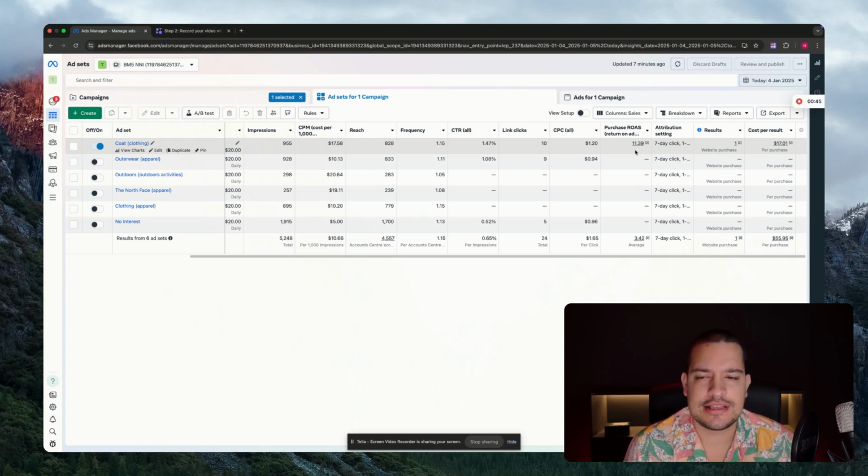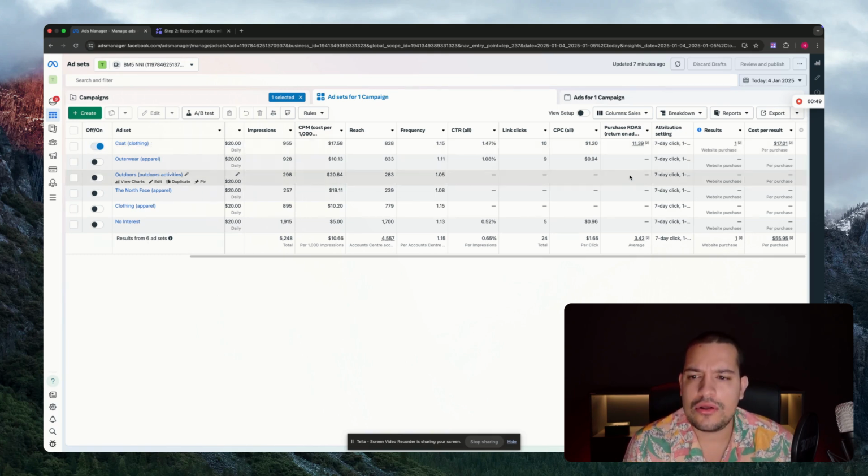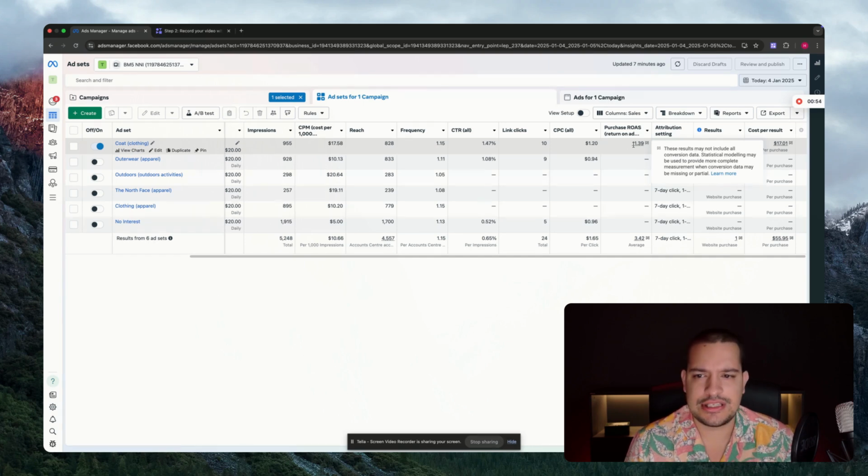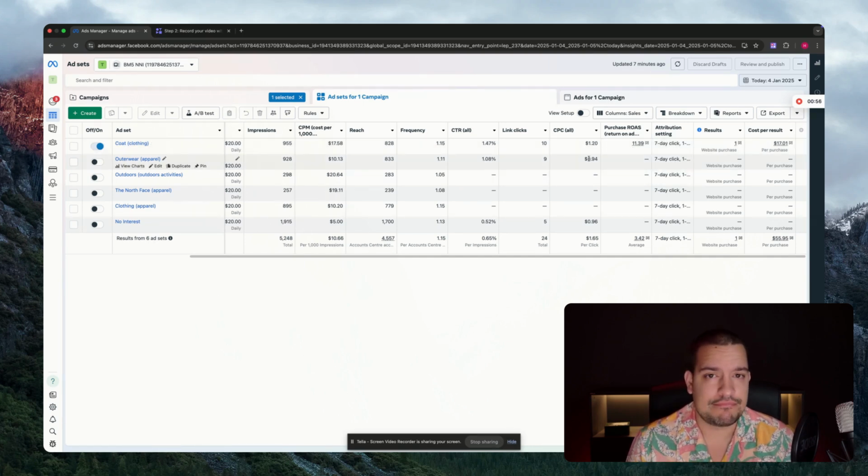What we want to talk about today is the optimization. You need to understand that, look, all of those interests are quite related together. Some of them didn't have add to carts, some of them did, most of them didn't have purchases, and one of them had a purchase.